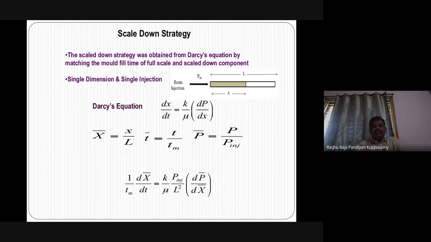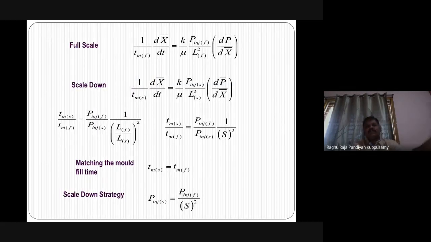All these dimensional parameters have been put into non-dimensional form with respect to suitable parameters: length by length, time by mean time, injection pressure by injection pressure. You can see how it is non-dimensionalized, first for full scale and then for scale down.